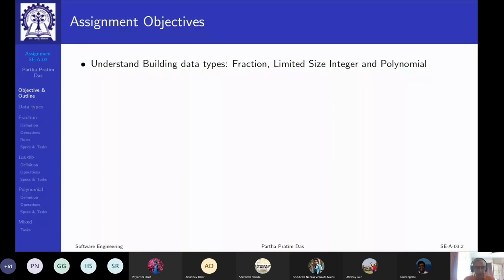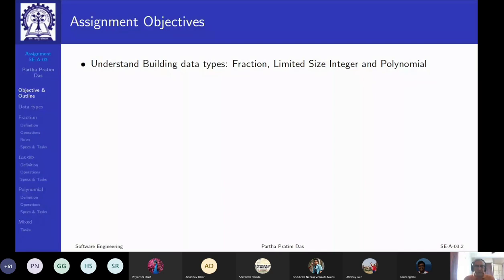So the approach that we will follow alongside the discussions of the so-called theoretical aspects of software engineering is to develop some relatively small assignments which go through the same processes that we are talking about.